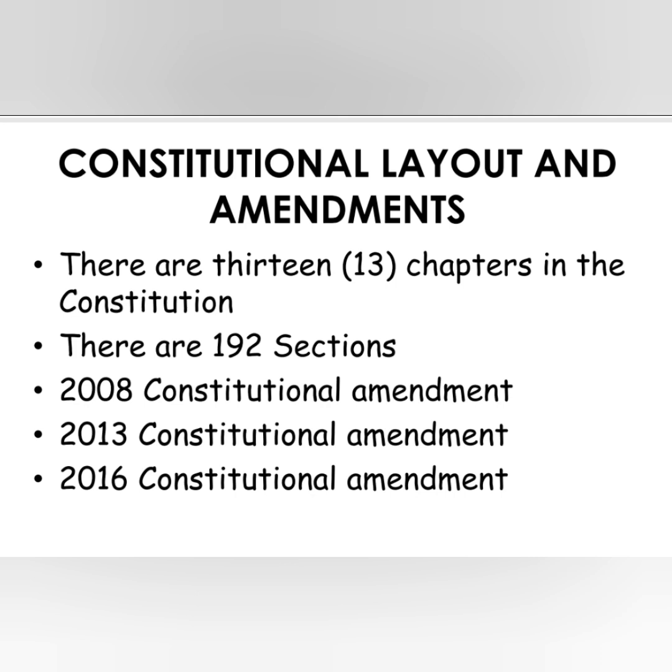Now, to constitutional amendments that have taken place since 1991. There have been three significant amendments that have taken place since the enactment of the 1991 Constitution. The first among these was the 2008 Constitutional Amendment.